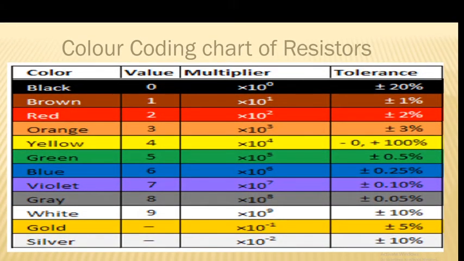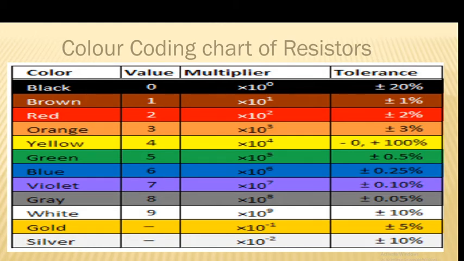The sequence of the colors is: the first B stands for black, then brown, red, orange, yellow, green, blue, violet, grey, white. All these colors have a specific value assigned. This value also ranges from 0 to 9.